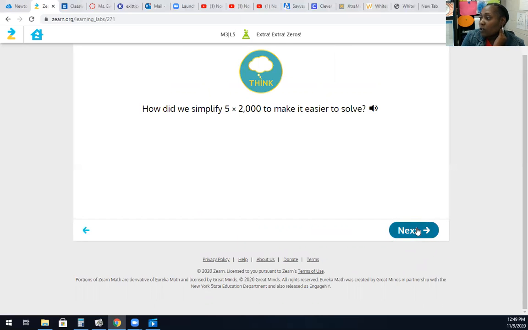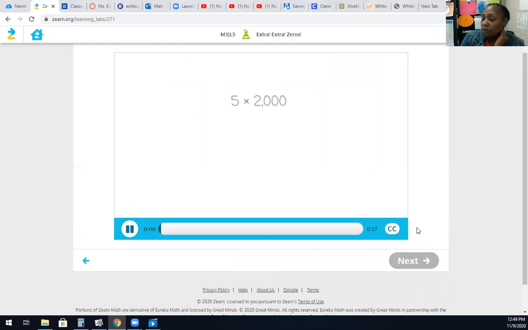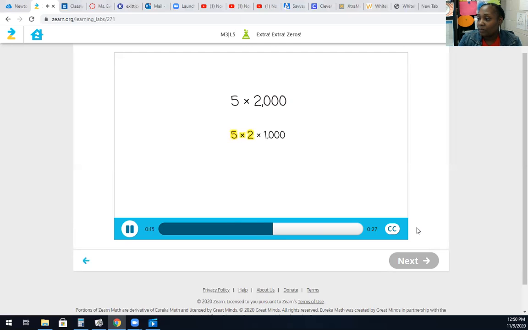Okay, how do we simplify it? Let's go through a quick lesson of simplifying it. Sophie, what did you come up with? 2,000 equals 2 times 1,000. So I can rewrite 5 times 2,000 as 5 times 2 times 1,000. Multiplying 5 times 2 is easy. It's 10. So we get 10 times 1,000.